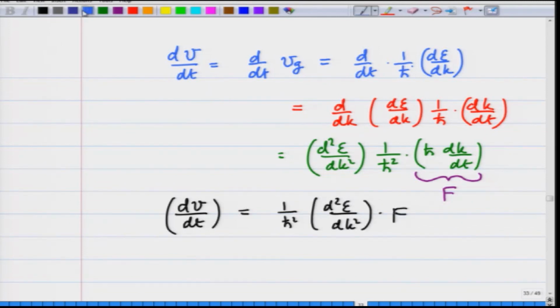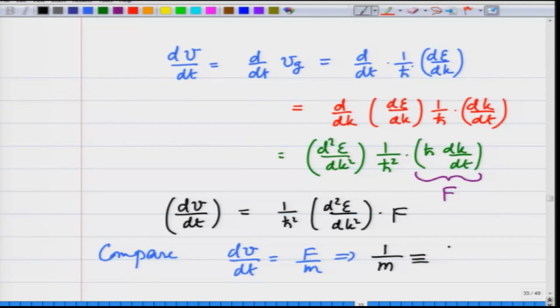And if I compare with dV/dt equals f over m, this implies that 1 over m is equivalent to 1 over h cross square d2E by dk square. It depends on the second derivative of the energy with respect to k.